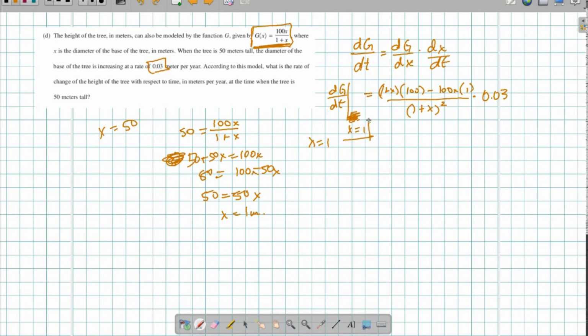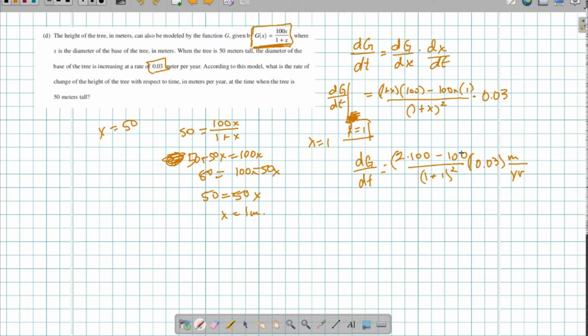And what's nice is x equals 1 is something that's really easy to plug in. So dg/dt is going to be equal to 2 times 100 minus 100 over 1 plus 1 squared times 0.03. And that's going to be in terms of meters per year, because it's a change in height over time.